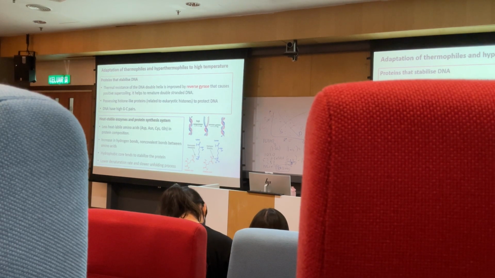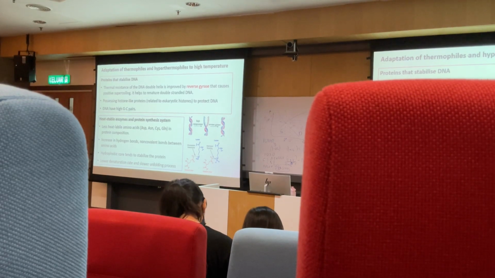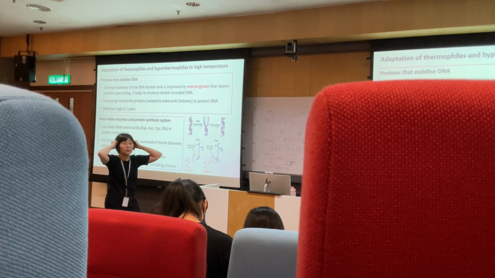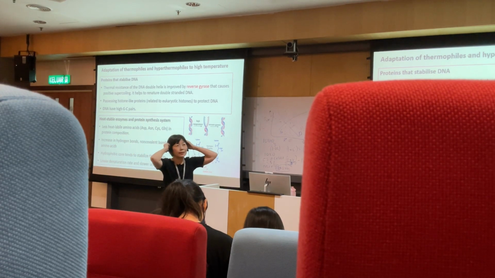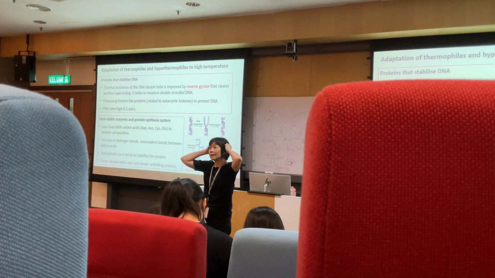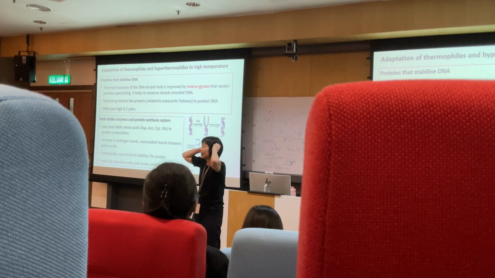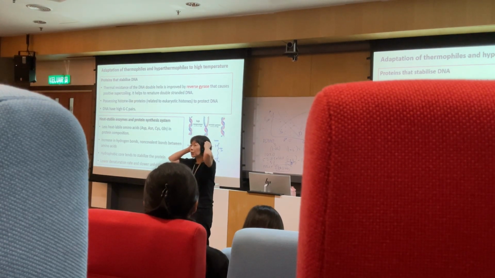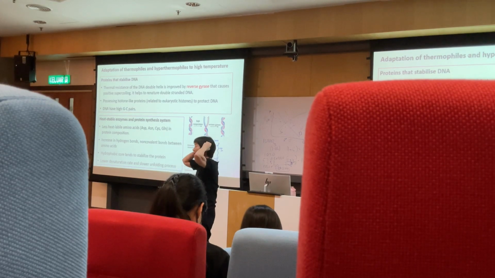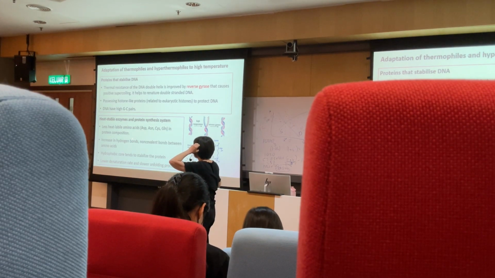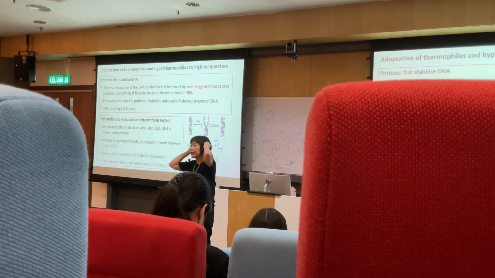So the protein from thermophile, when you compare with the protein from mesophile, you've been wondering, is the same protein, they have the same amino acids to make up the protein. Why is that one denatured easily when you increase the temperature, but in the thermophile, those proteins are not so easy. I think they have a bit of this and that, and a bit of this property makes them tolerate high temperature.